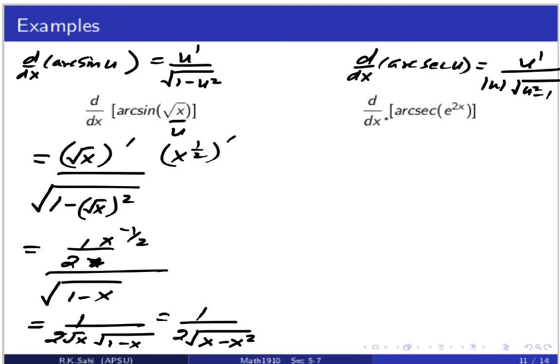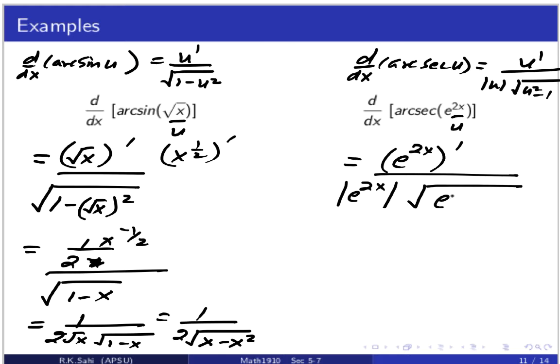Now let's look at the differential of arc secant e to the power 2x. This is going to be, u is your e to the power 2x, e to the power 2x prime differential over absolute value of e to the power 2x times square root e to the power 2x the whole square minus 1.